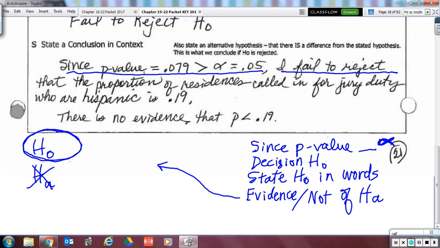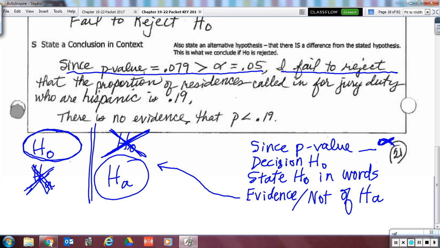No. So then I say I do not have evidence of HA. Okay, now watch this. Let's do another one. If I reject H0, do I have evidence of HA? Yes. If I reject the null, then I have evidence of HA. So make your last statement about whether you have evidence or not of the HA.